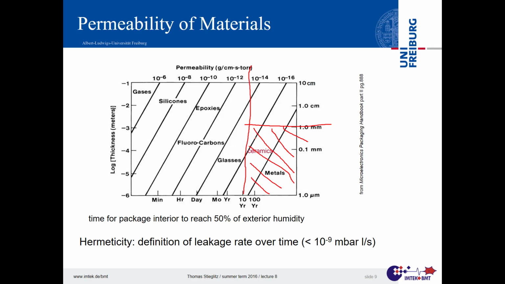So if helium is there in your mass spectrometer, it must come from the package. Every device has its detection limit. And detection limits of helium leakage testers are about 10 to the minus 12 millibar liter per second.